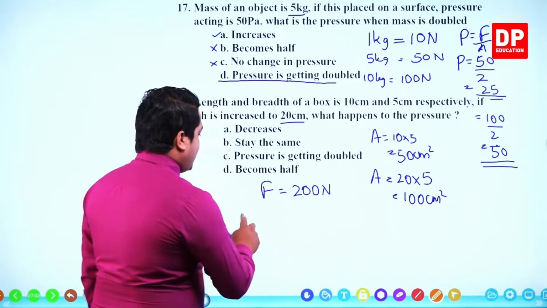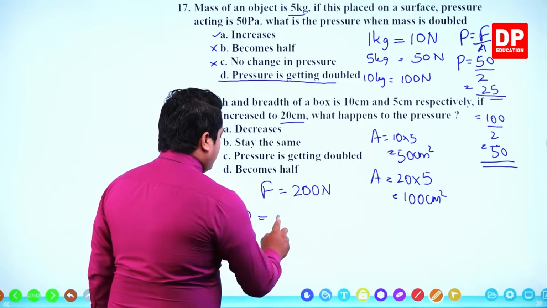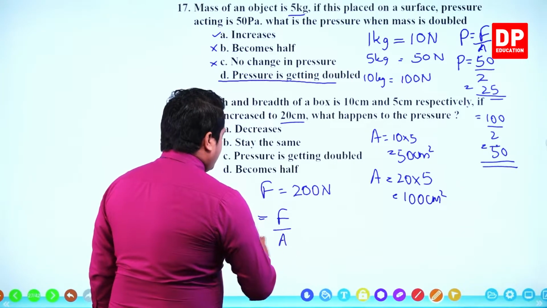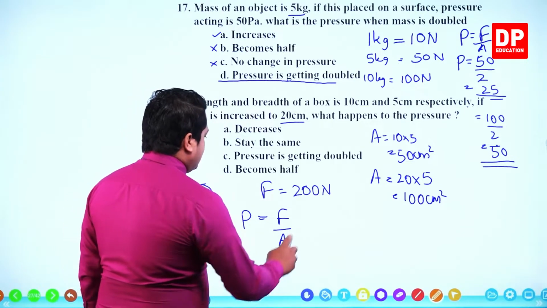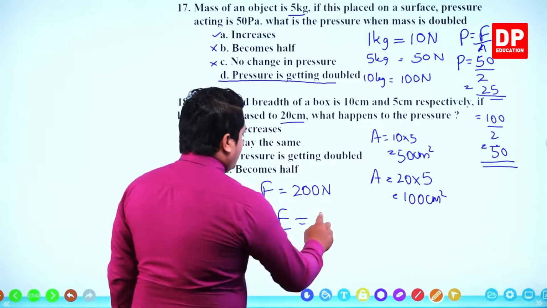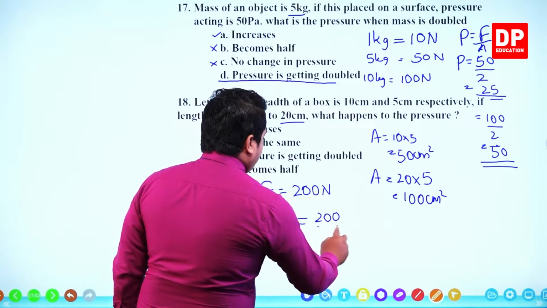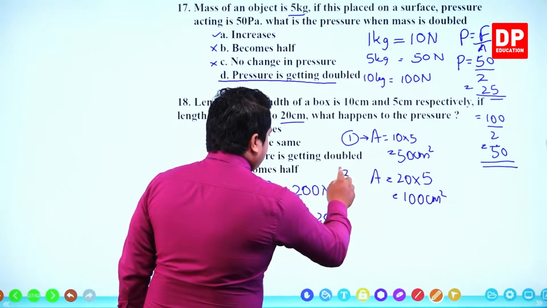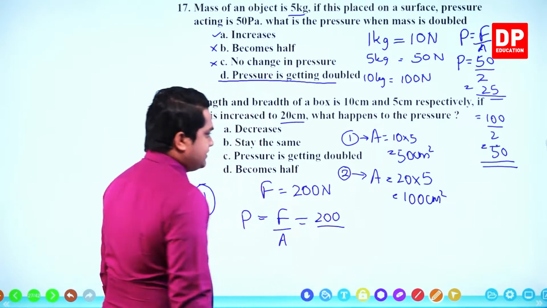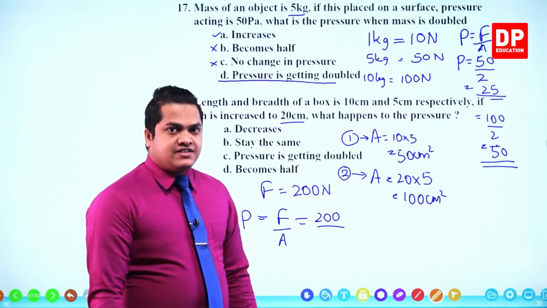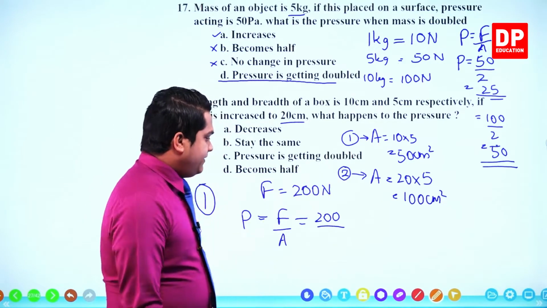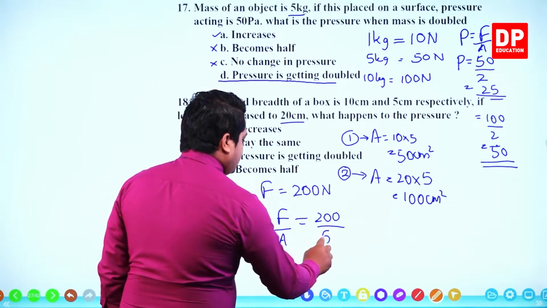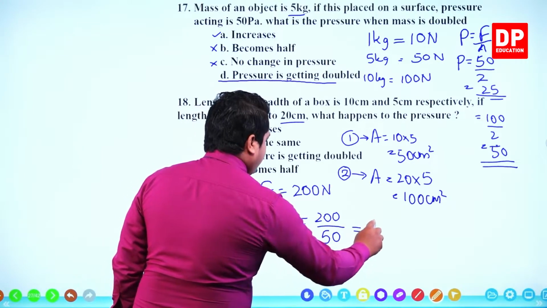Now you know that P is equal to F over A. So in the first case, force is equal to 200. This is the first case. This is the second case. In the first case, area is 50. So you divide 200 by 50 and see how much is the answer. 4.